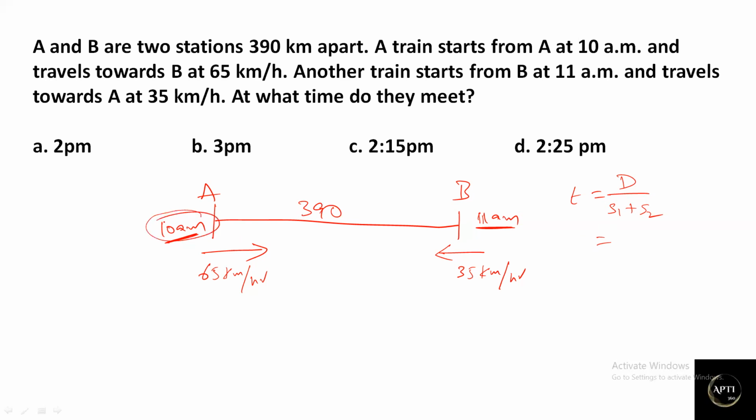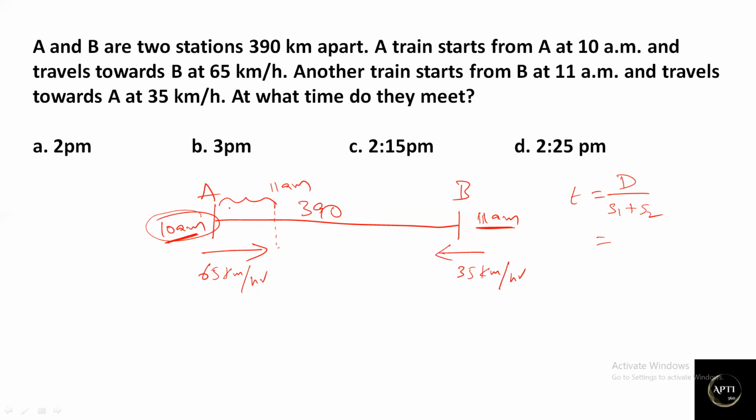The first train is starting at 10 a.m., right? So after 1 hour, this train will be somewhere here. Now let's say the time is 11 a.m. even for this train. In this 1 hour, this train will cover this distance, right?